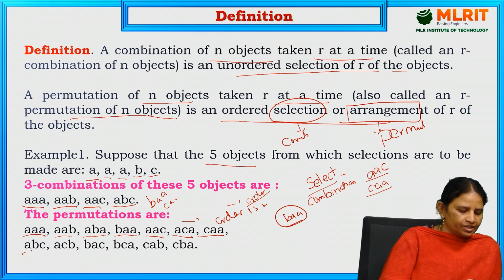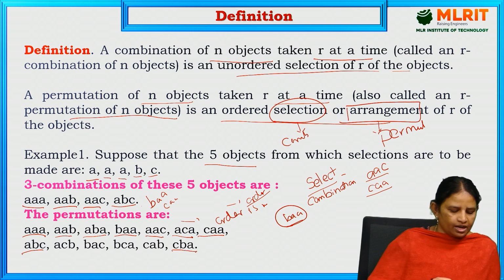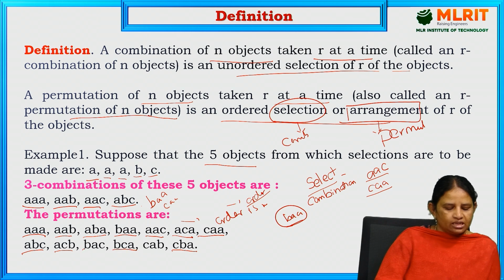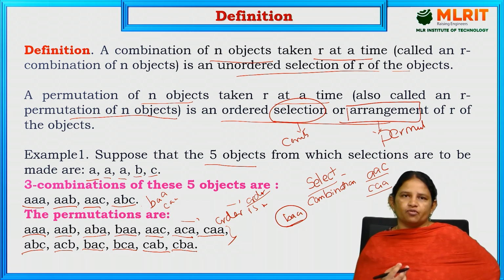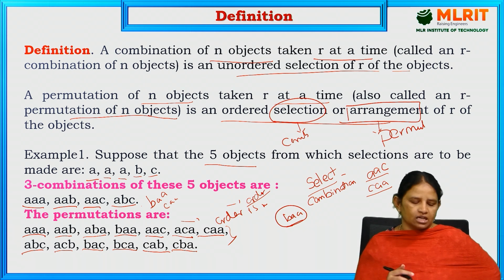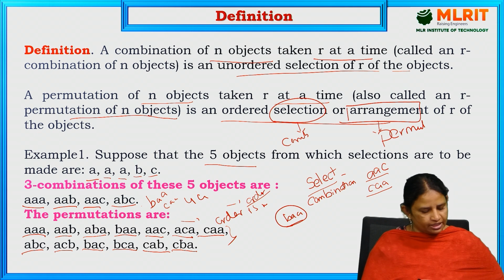Next, ABC is one arrangement, then CBA, ACB, BCA, CAB. These are the arrangements of the letters A, B, C. These are the 4 combinations, and then we get 13 permutations.